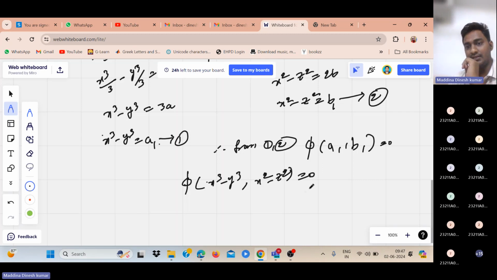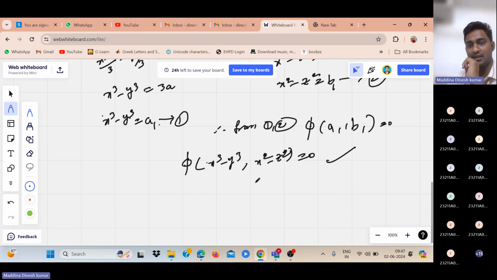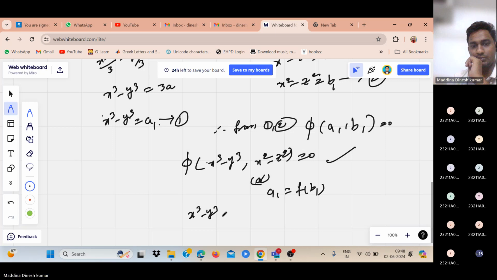That's it. In some textbooks they give the solution like this, a1 equal to f of b1. That means x to the power of 3 minus y to the power of 3 equal to f of x square minus z square.